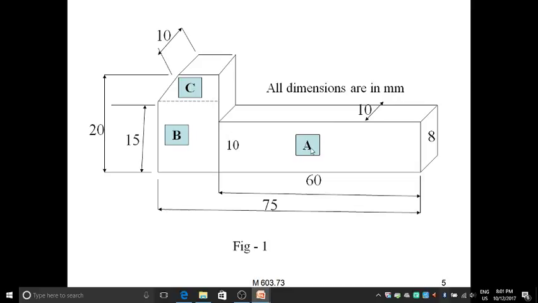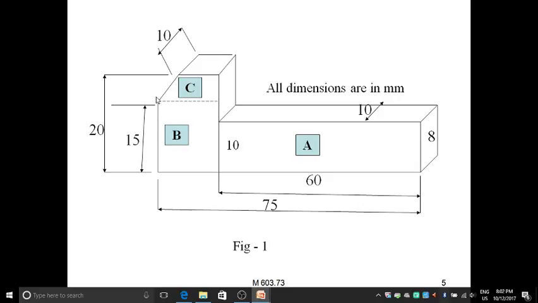A is a trapezoidal cross section, and he has divided this object into three segments A, B, C, but B is a rectangular cross section. This is exactly 15, and this is also 15, because the overall length is 15. You subtract 60, so here this length is 15.